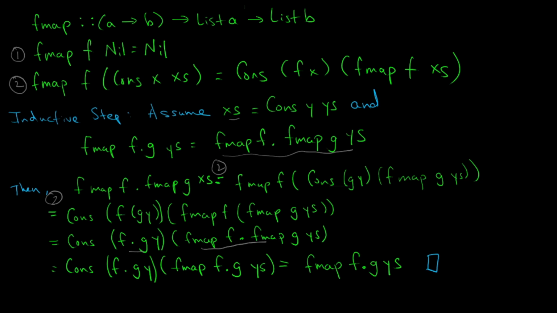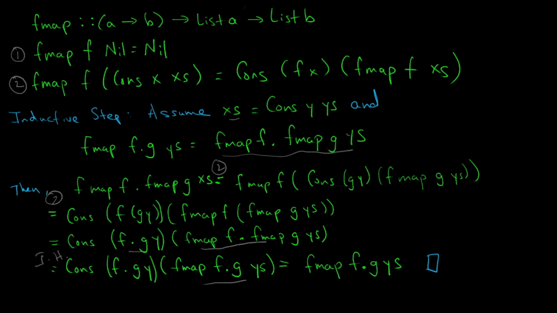And now here is where, in the next line, we get to use the induction hypothesis. So we have fmap of f composed with fmap of g applied to y's. Well, by the induction hypothesis, this is the same thing as fmap of f composed with g applied to y's. So here we get to use our induction hypothesis. And now let's just unwrap this definition.